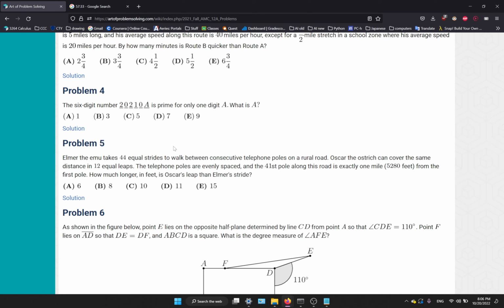And the 41st pole along this road is exactly 1 mile from the first pole. So we're saying, the first pole.